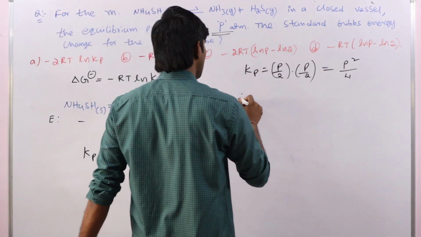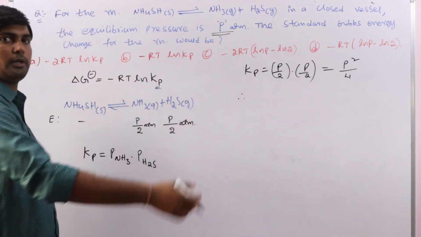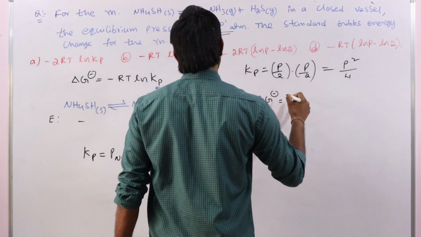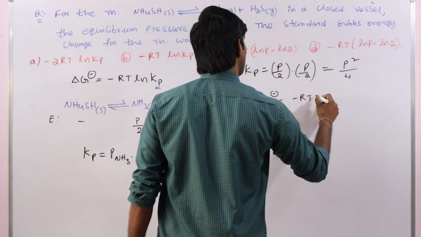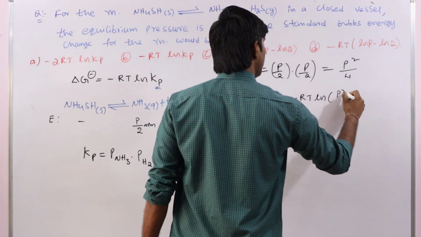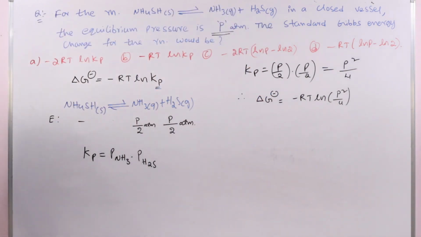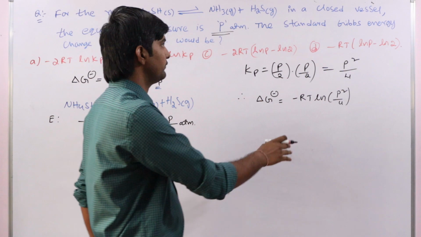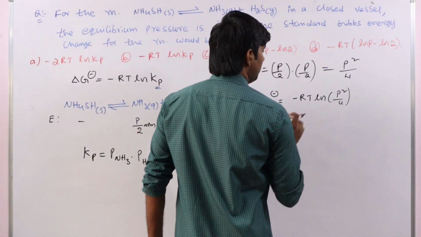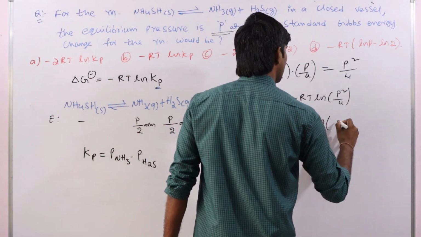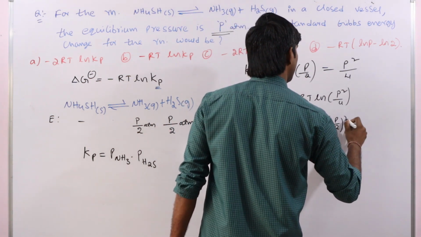Next, take this and substitute here. Delta G naught equal to minus RT ln P square by 4. We can write this as minus RT ln (P by 2) whole square.